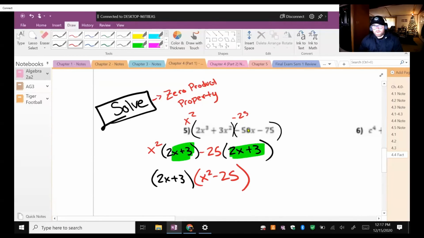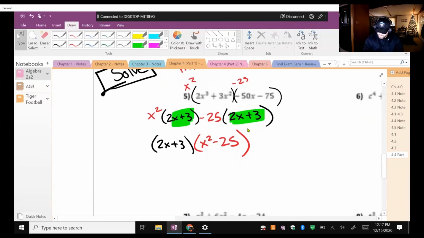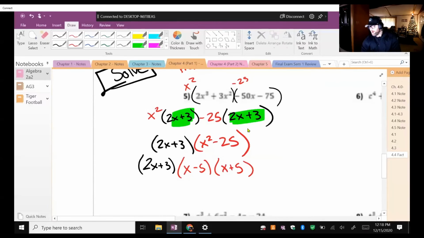Is that factored completely? No, it's the difference of 2 squares. So we can go one step further. We get 2x plus 3 times x minus 5 and x plus 5. Now remember, I said solve, right?